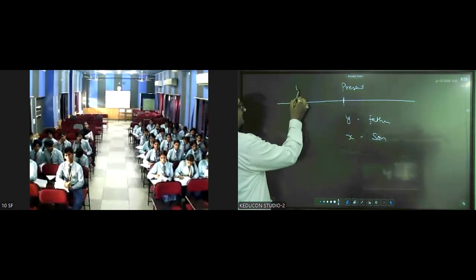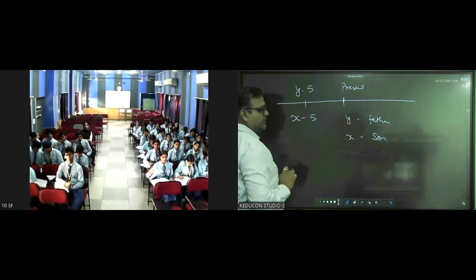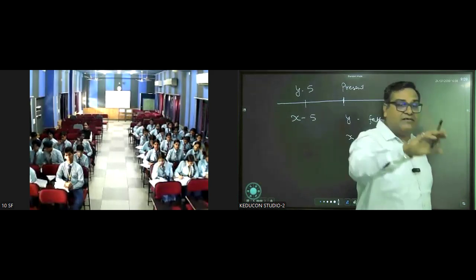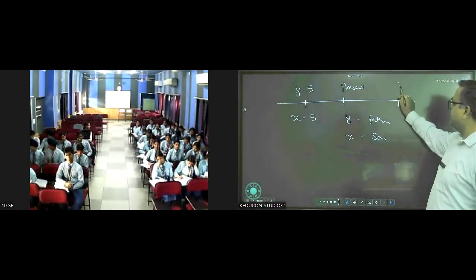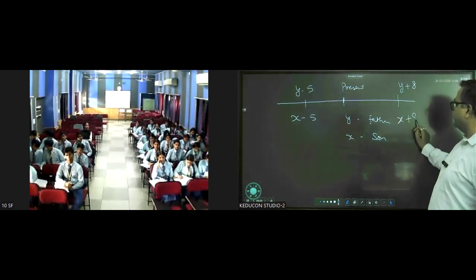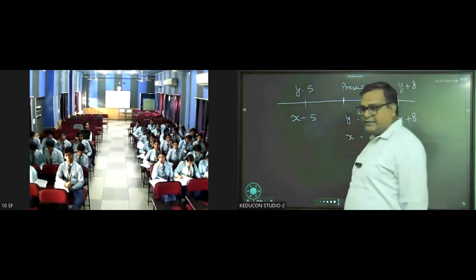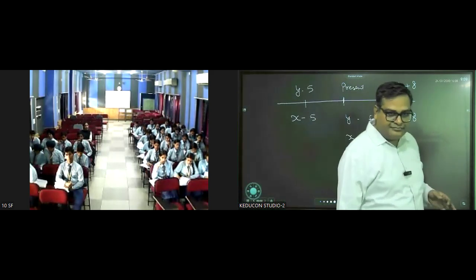You are subtracting 5, father's age will be Y minus 5, son's age will be X minus 5. Similarly, let's say after 8 years, father's age will be Y plus 8 and son's age will be X plus 8. Are you getting it, children? Yes or no? Yes, sir.